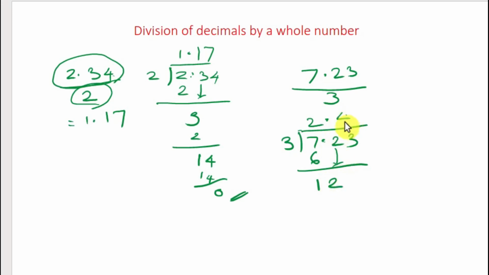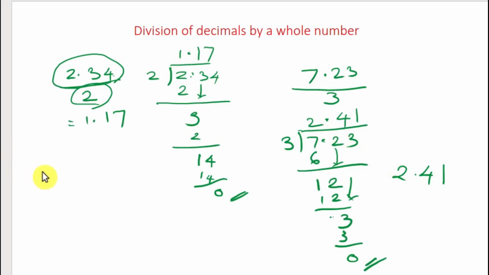So 4 3s are 12. 12 minus 12, 0. So 3 I'm bringing down. 1 times 3 is 3. So the remainder is 0. So the answer is 2.41. Division of decimals by a whole number.